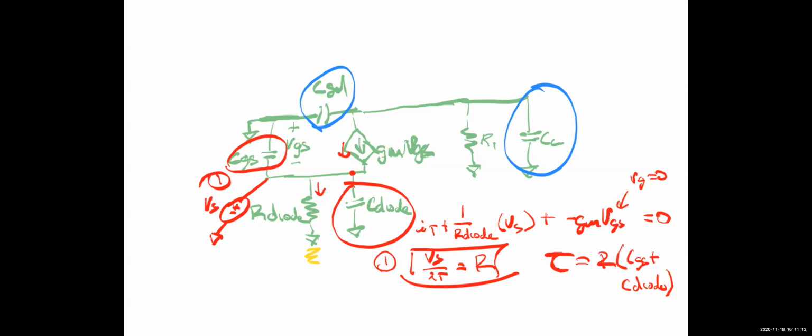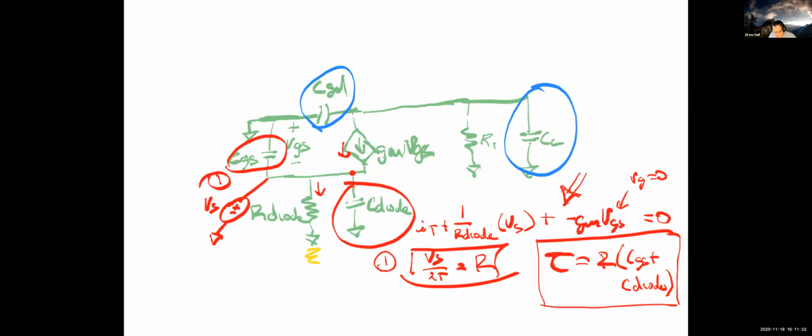Are you implying that R is going to equal R diode? We're going to solve this equation, and VS divided by IT from this expression, that's our driving impedance. And so our time constant is R times the total capacitance, which is CGS plus C diode.